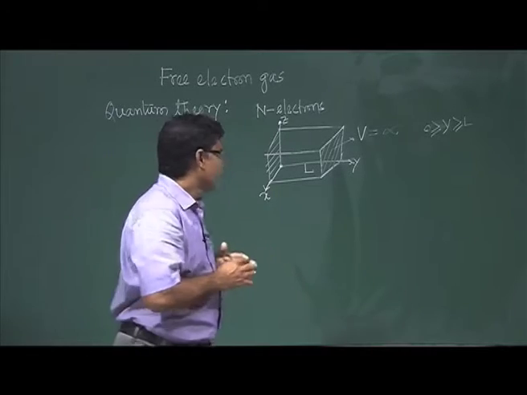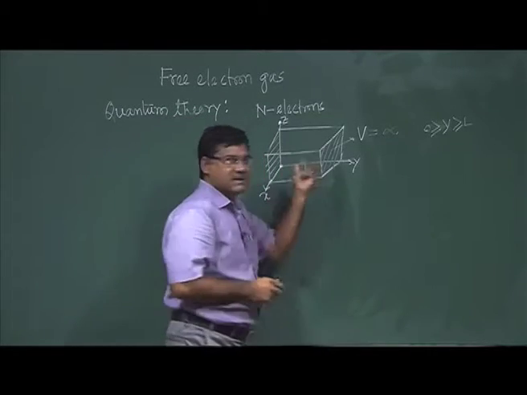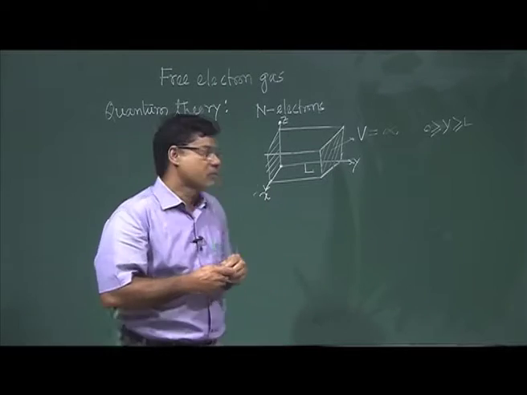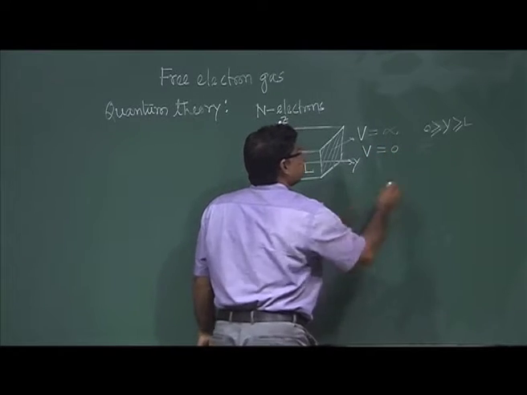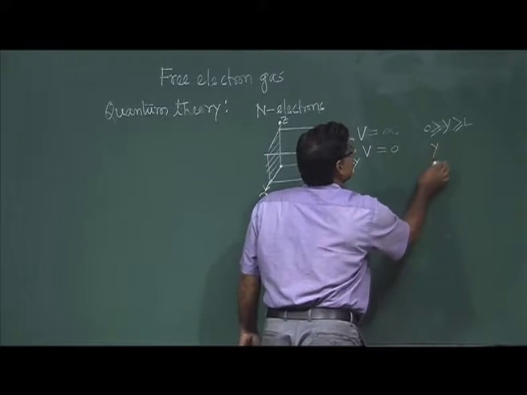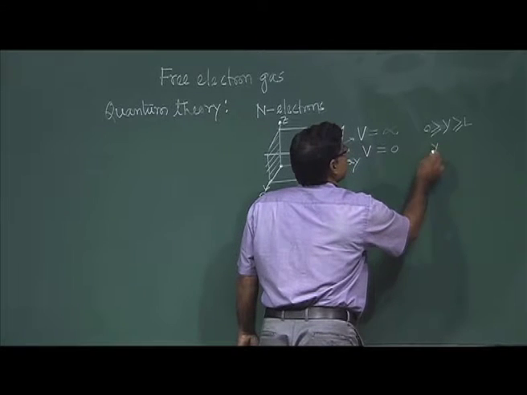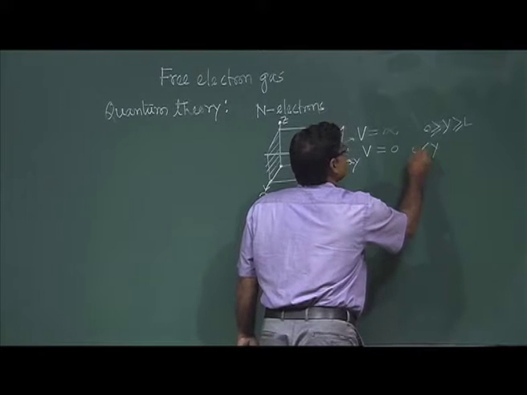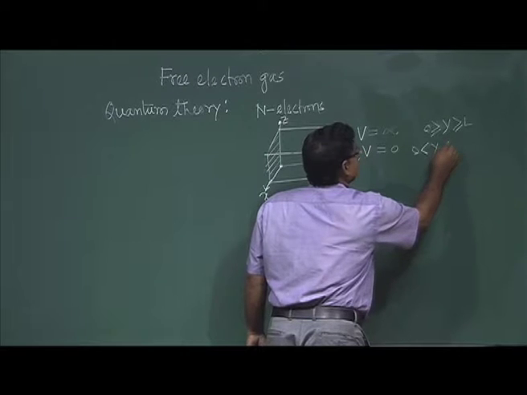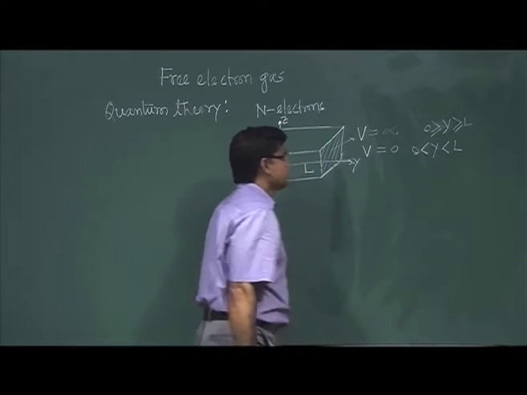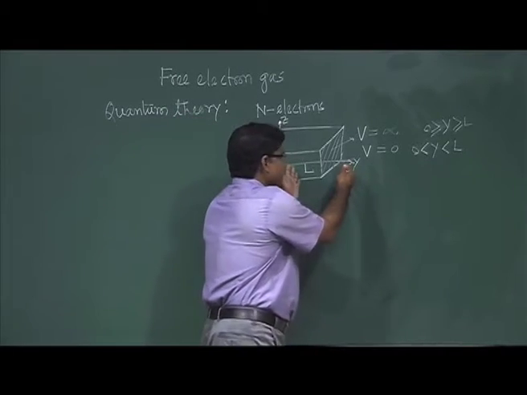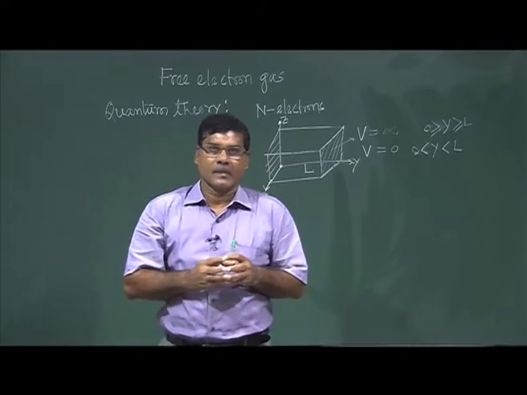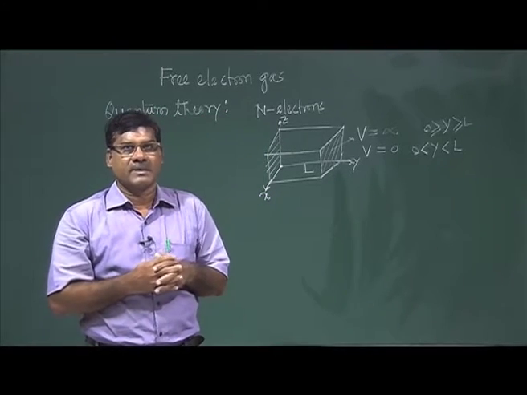The potential is infinity there, but since the electron is free inside the box, the potential is considered 0, V equal to 0, for x greater than 0 and less than L. If we consider just one dimension, later on we can generalize to 3 dimensions.